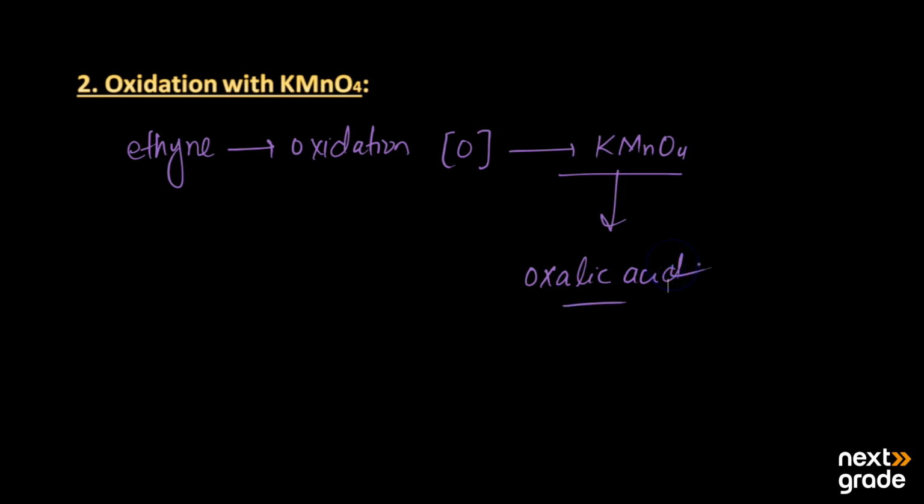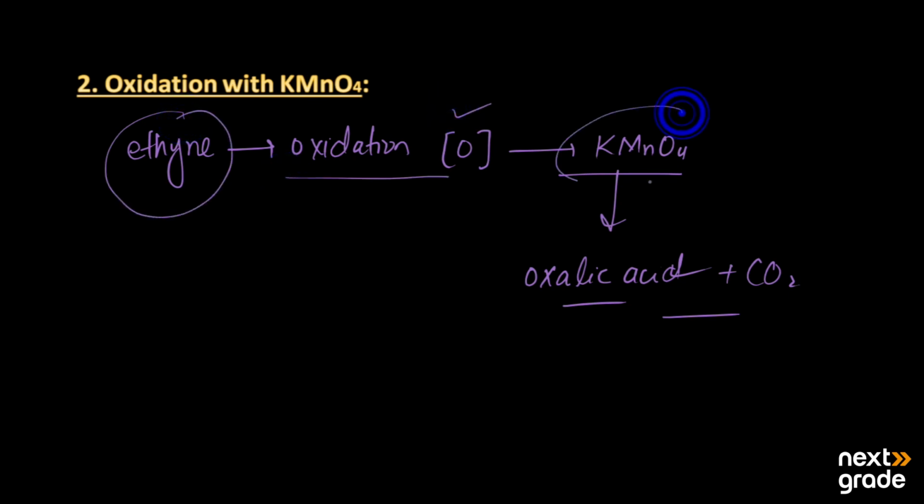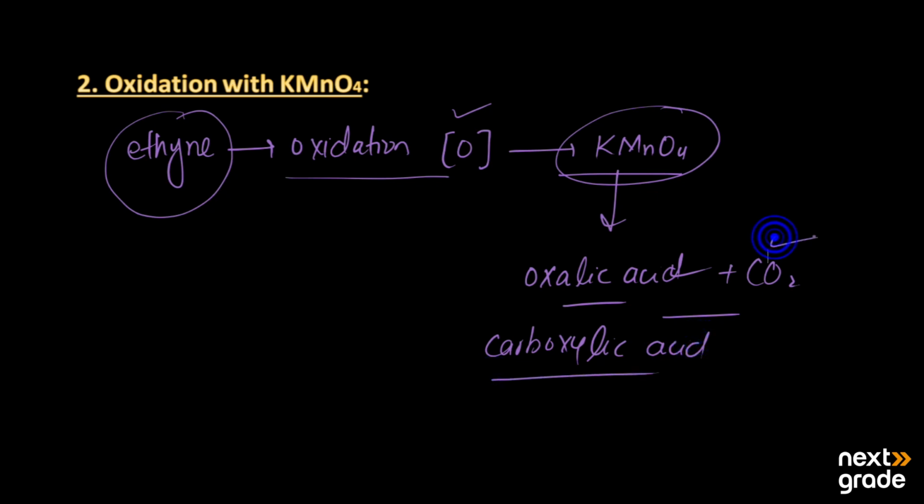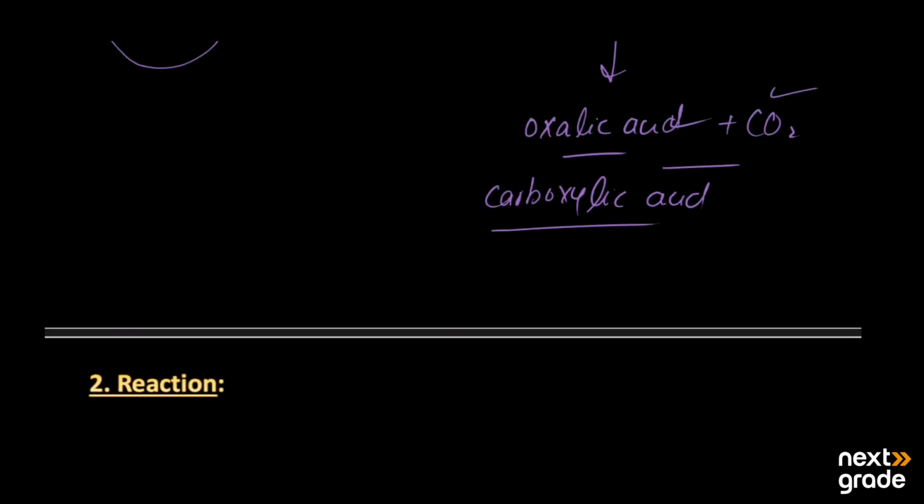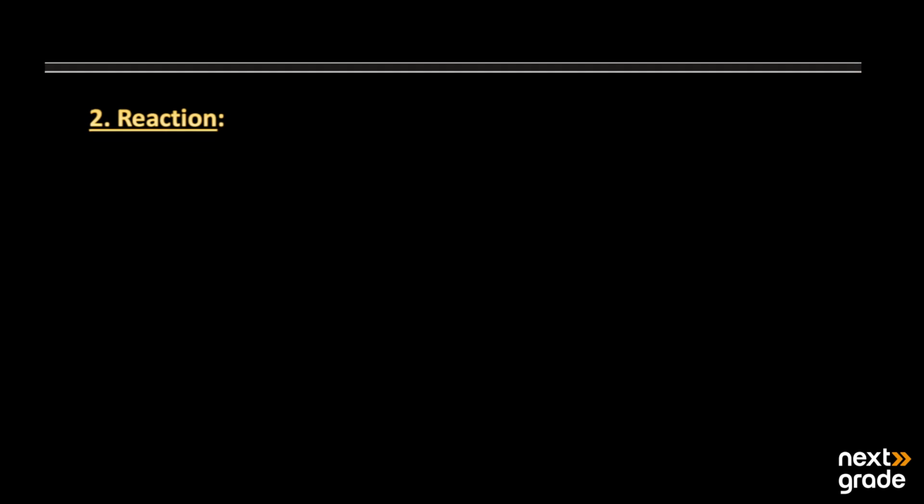So this is the simple reaction which gives carboxylic acids along with carbon dioxide, in which the alkynes react with nascent oxygen in the presence of KMnO4, and the products we gain are the carboxylic acid and carbon dioxide.